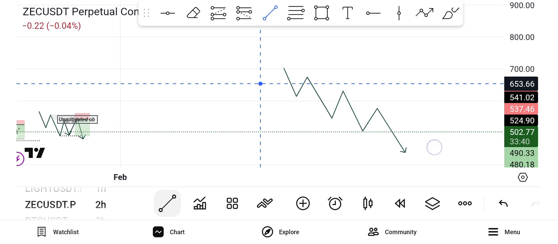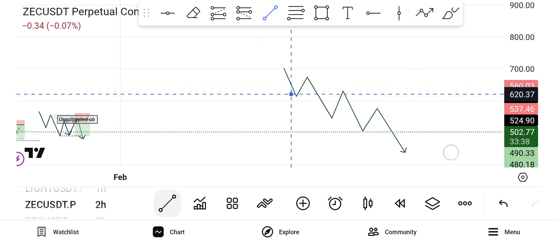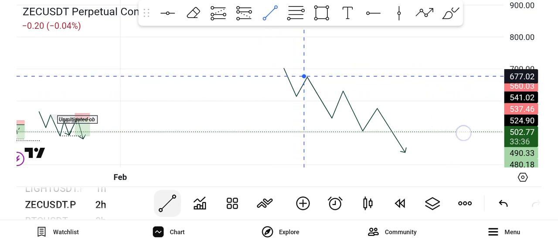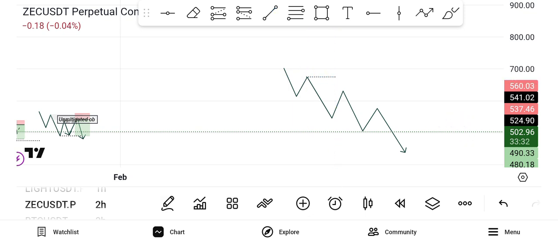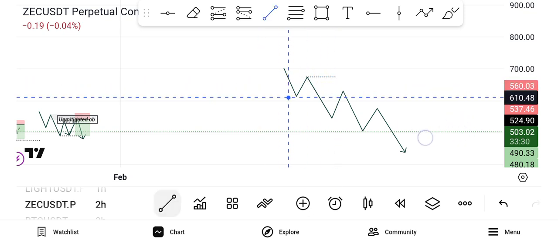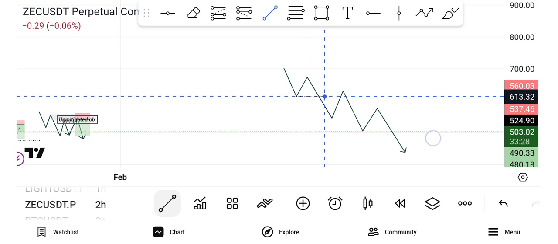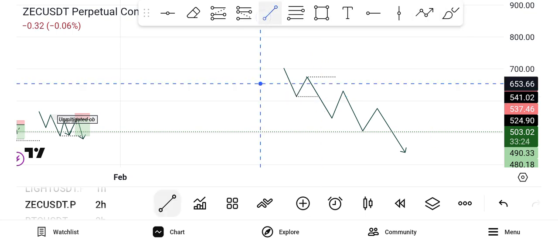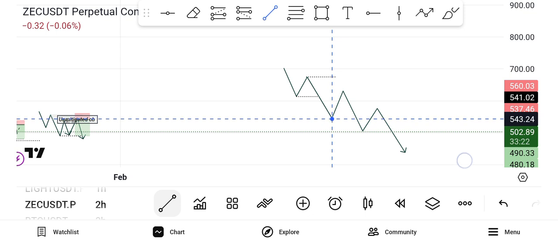We have this low here, we have this low. You have to be able to identify all of the levels in your trend. We have that the market broke this low and created a lower low, so this is another level.